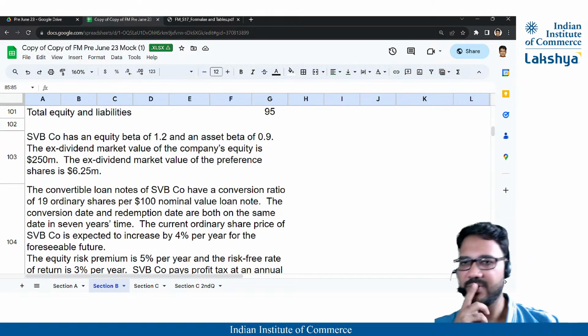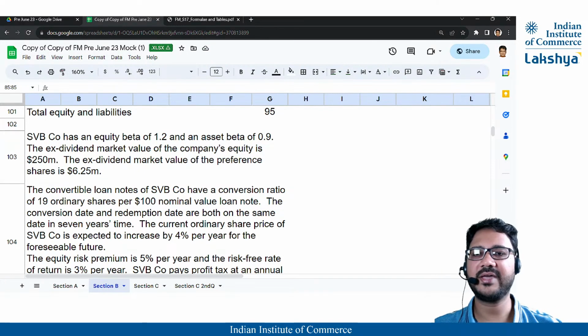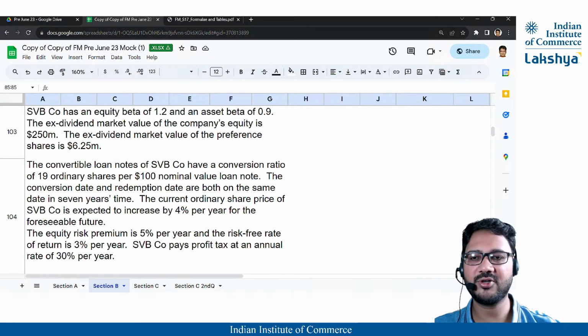SVB has an equity beta of 1.2 and an asset beta of 0.9. The ex-dividend market price of the company's equity is $250 million. The ex-dividend market value of the preference shares is $6.25 million. Convertible loan notes of SVB company have a conversion ratio of 19 ordinary shares per $100 nominal value loan note.